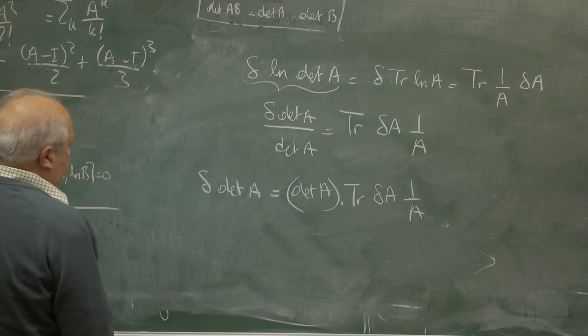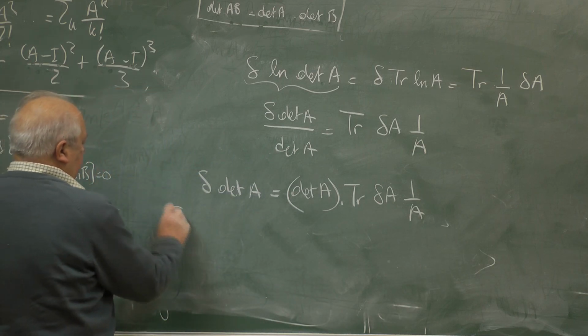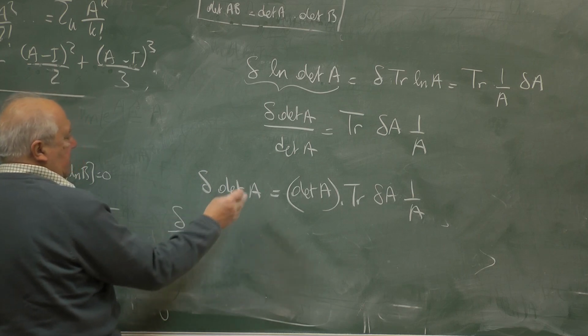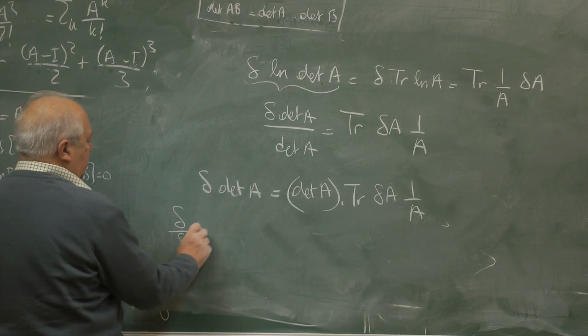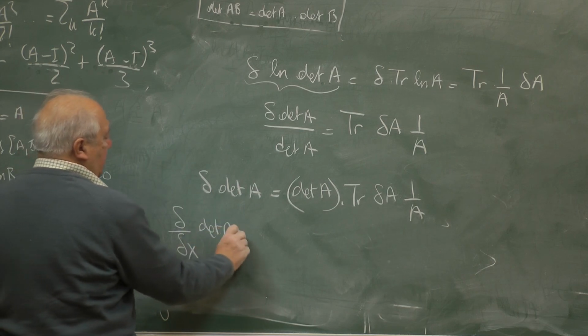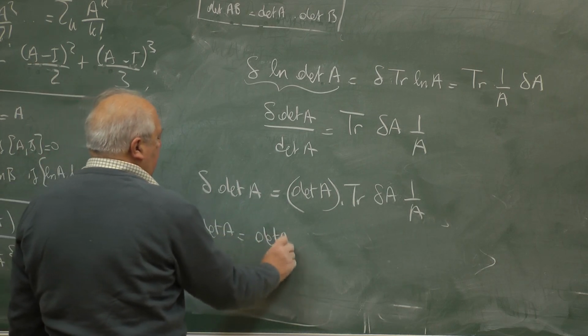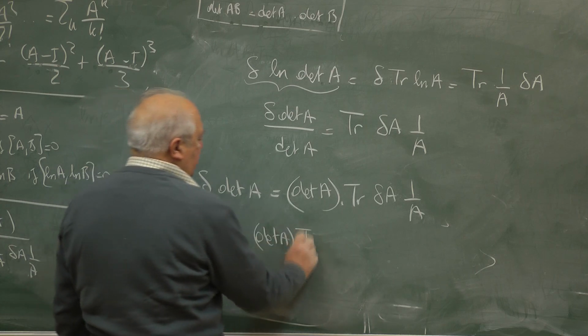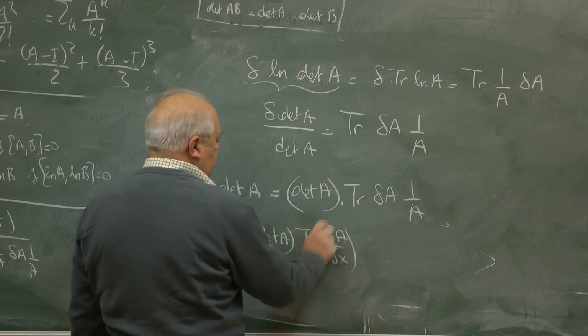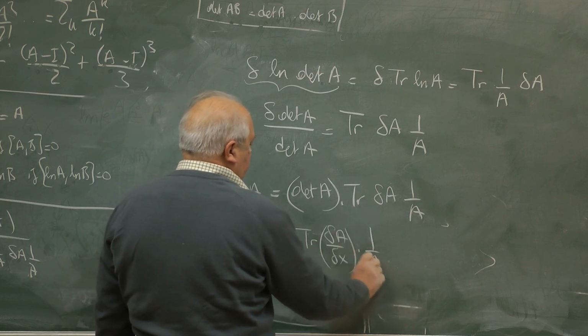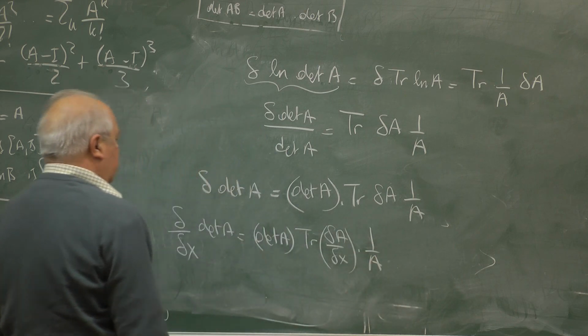So, for example, if you take a variation with respect to x, if A is a function of x, this is delta x determinant A is determinant A times trace of delta A delta x, whatever that derivative is, times 1 over A, and you take the trace.